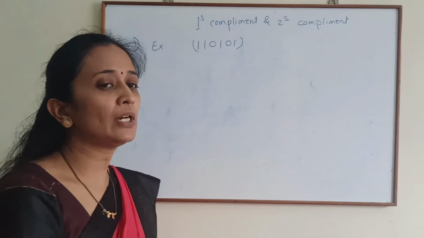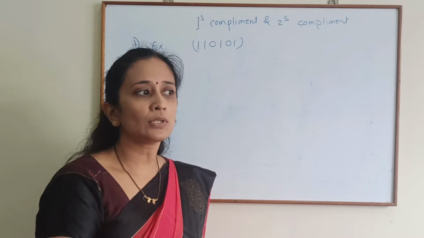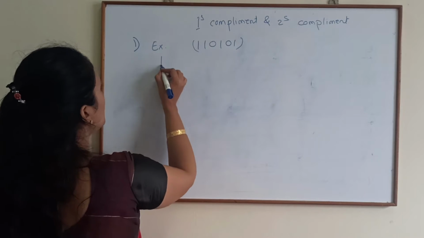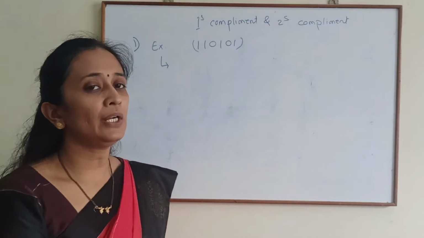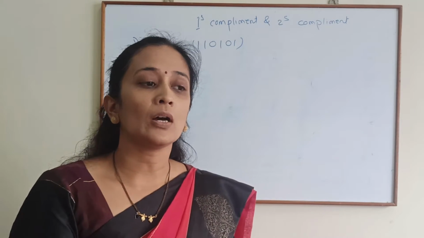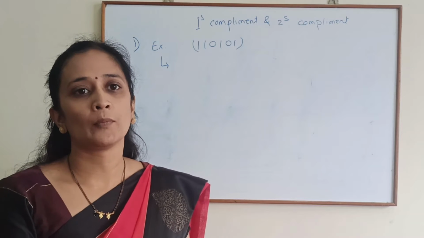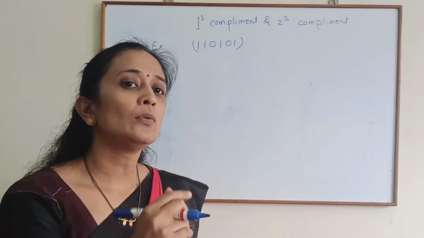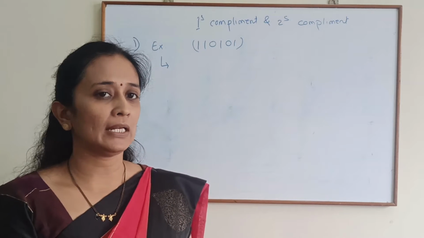What is the procedure? To find out 2's complement, first we have to find out 1's complement and we have to add number 1 to 1's complement of given binary number.